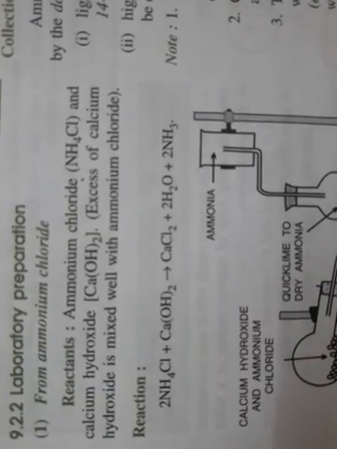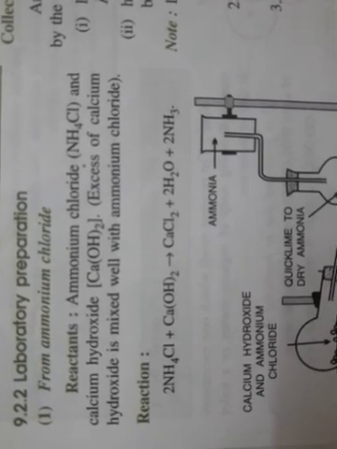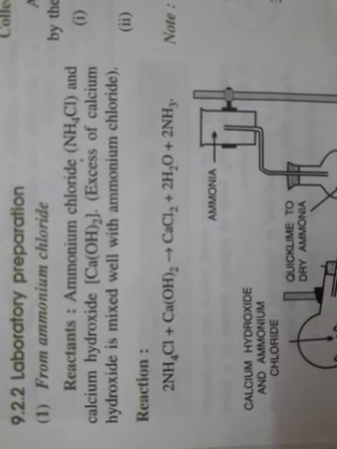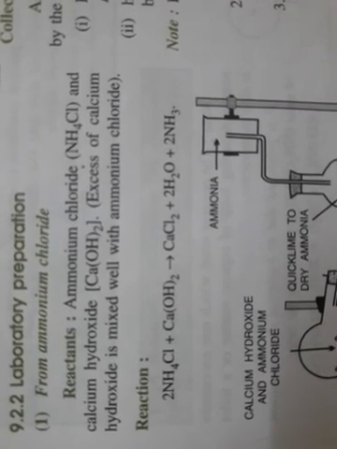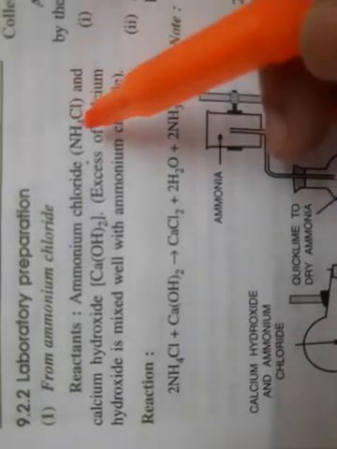Now we come to the lab preparation from ammonium chloride. First, tell me the formula of ammonium chloride. NH4Cl.